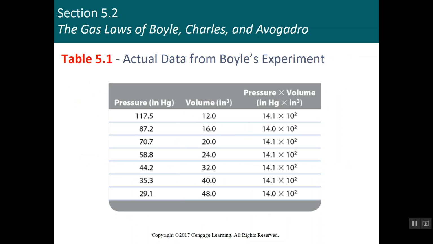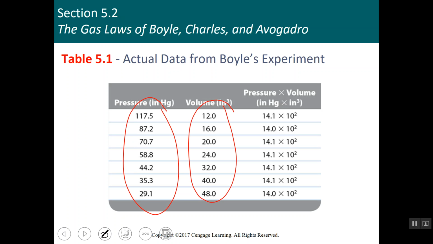And if you'll notice, this is what he found. So he would change the pressure and have different volumes, and then every time he multiplied those together, he ended up with basically the same number.